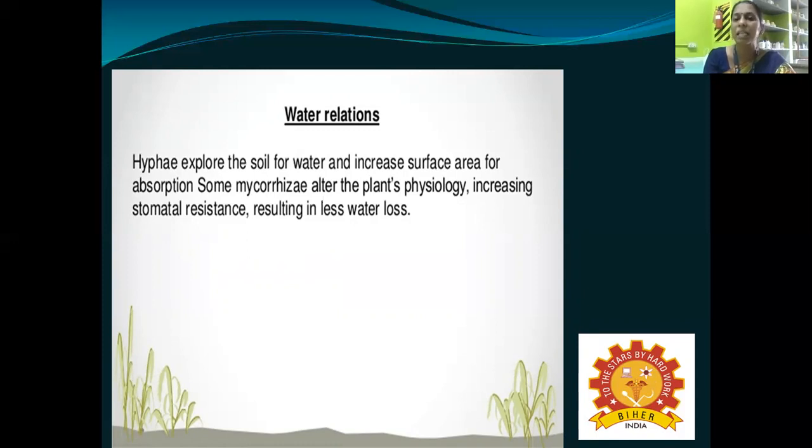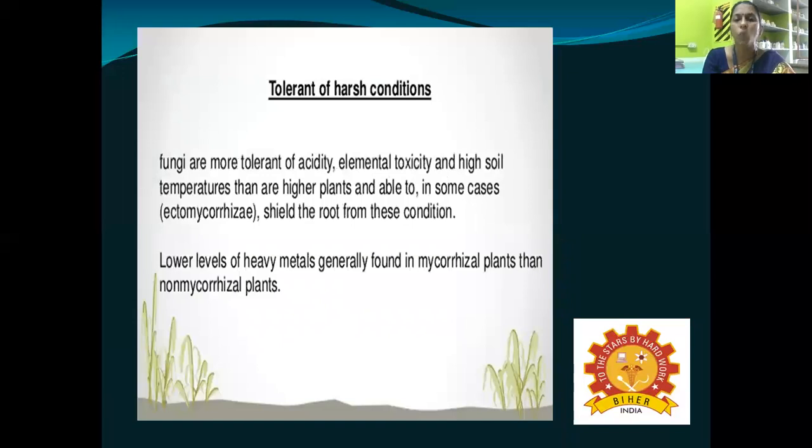Stomata means transpiration activity, water absorption. So that also is increased. Resistance means the water loss is very small. So it results in what? The water loss in the plant is minimized.